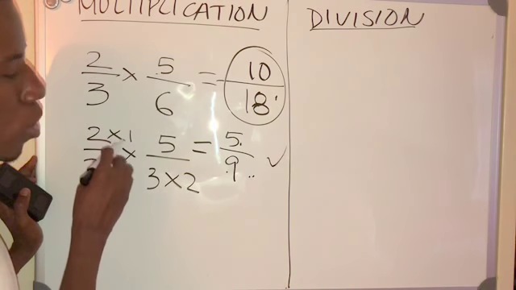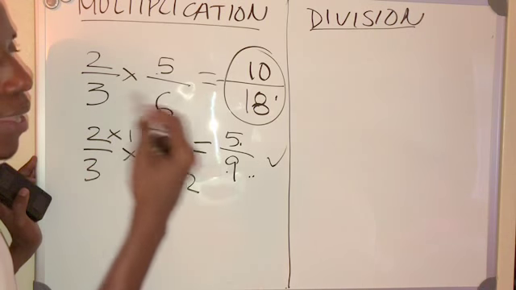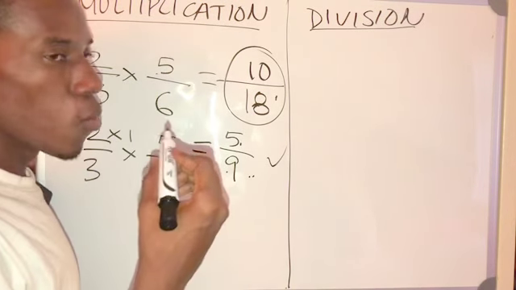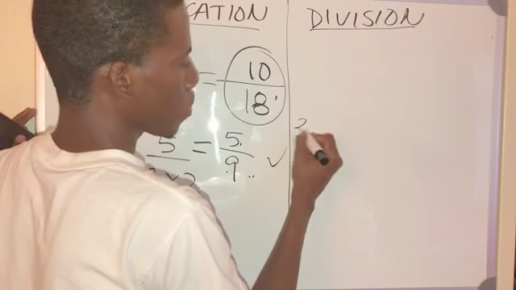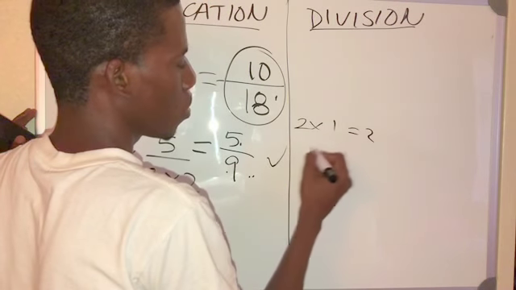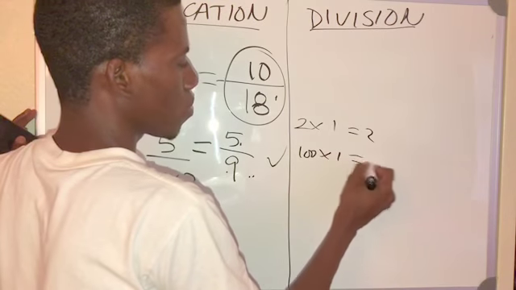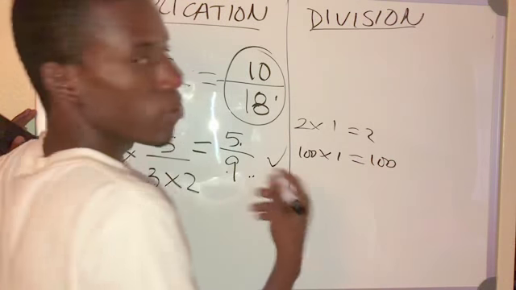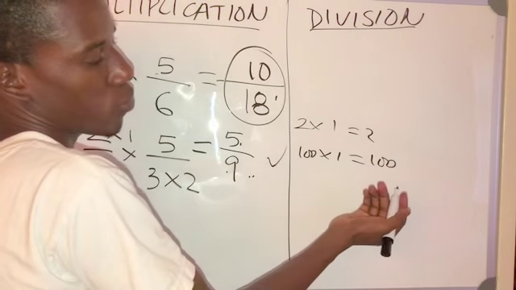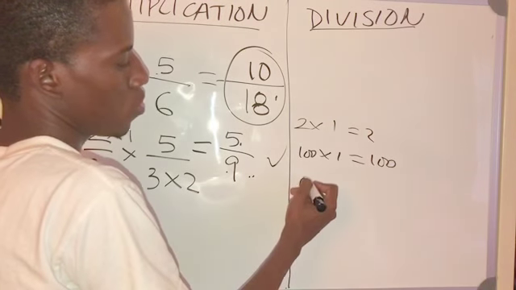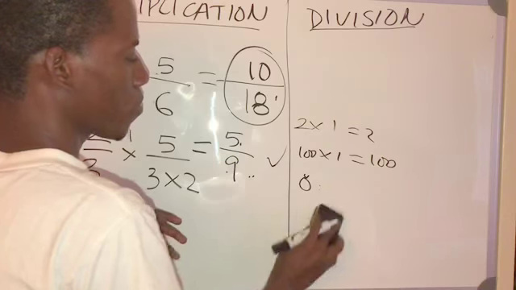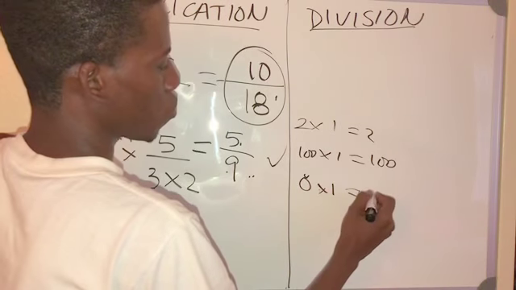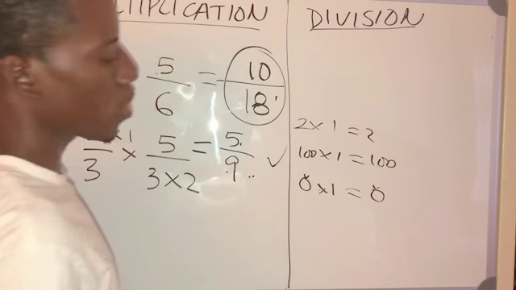Any number you multiply by 1, you're gonna get the same number, because 1 is the neutral number for multiplication. 2 times 1 is 2, 100 times 1 is 100. Myself times 1 is myself. A potato times 1 is equal to a potato. The same potato.